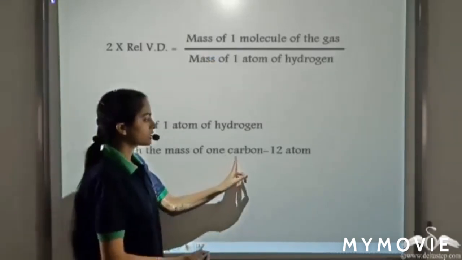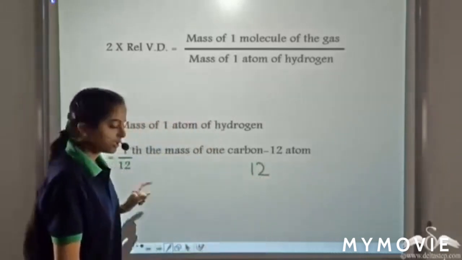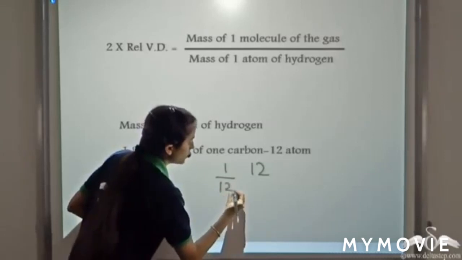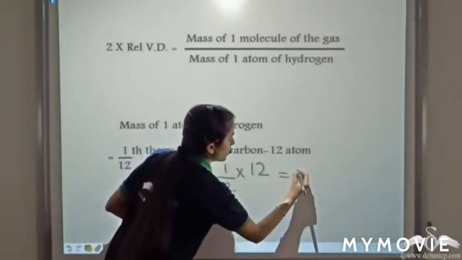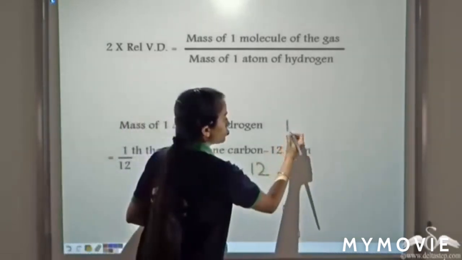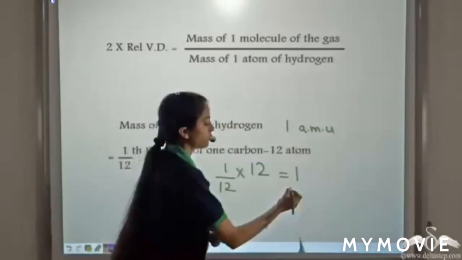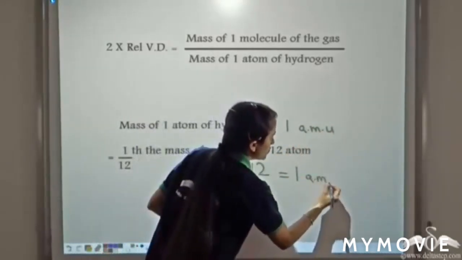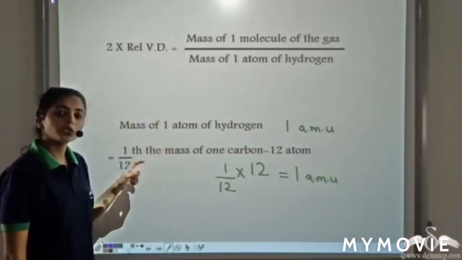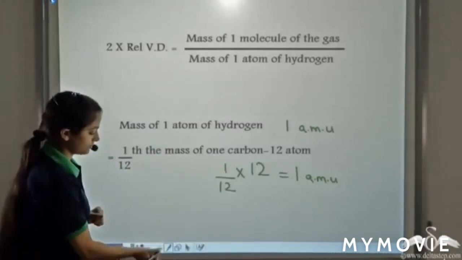This is because the mass of one atom of carbon-12 is 12, and 1/12 of 12 is 1. And we know that the mass of one atom of hydrogen is also 1, if you are calculating in atomic mass units, which is the unit for both. So the mass of one atom of hydrogen is equal to 1/12 the mass of one atom of carbon-12.